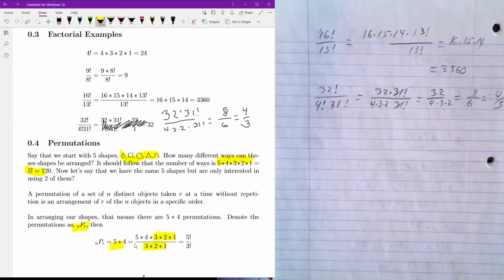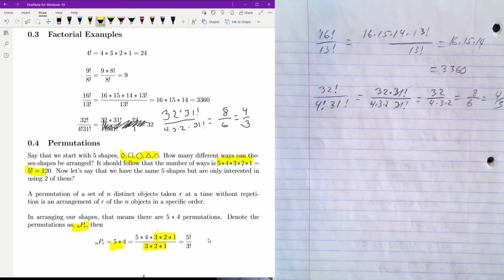So this is equal to 5 times 4, but now we have 5 times 4 times 3 times 2 times 1, so that's 5 factorial divided by 3 factorial. So the number of permutations, n permute r, or in this case 5 permute 2, I said that wrong, I apologize, is 5 factorial divided by 3 factorial.